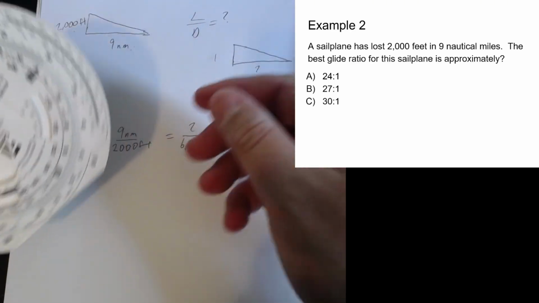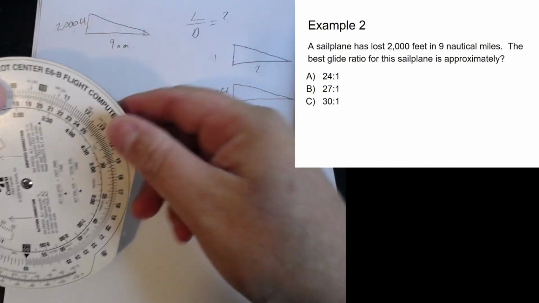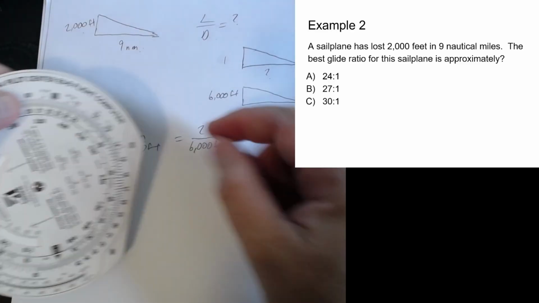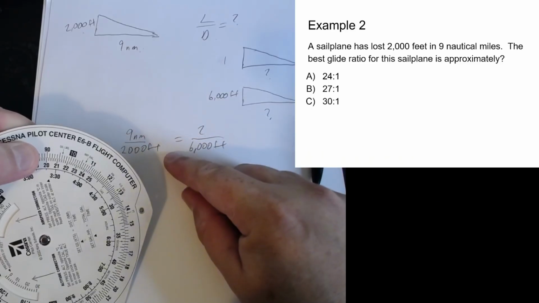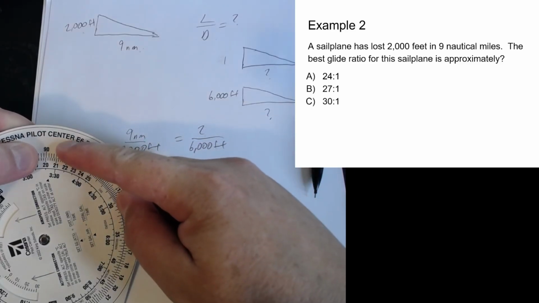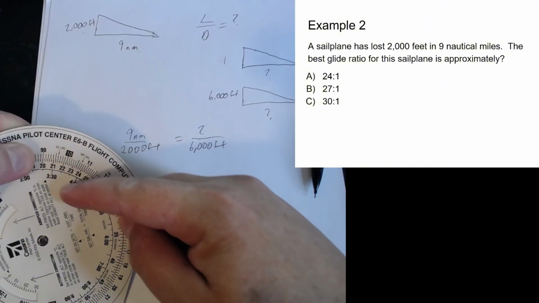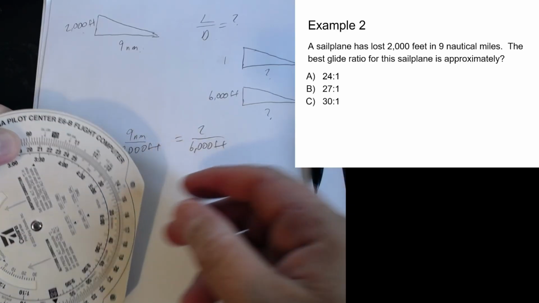We're going to find the 9 on the outer scale and divide it by 2,000 feet. 90 can represent 900, whatever we need it to represent with 9, divided by 20, which represents our 2,000 feet.